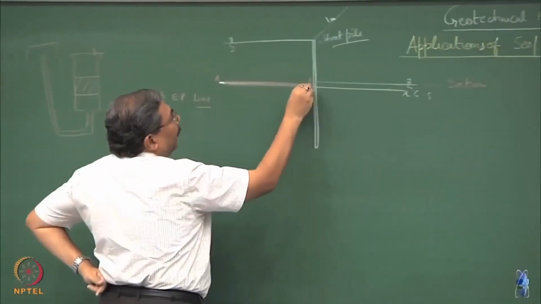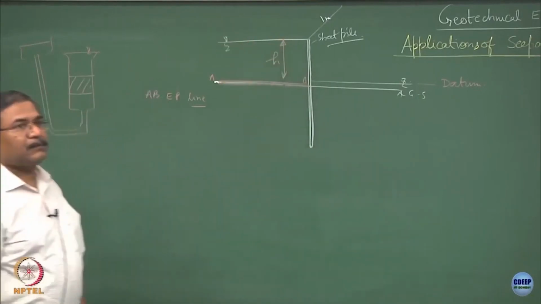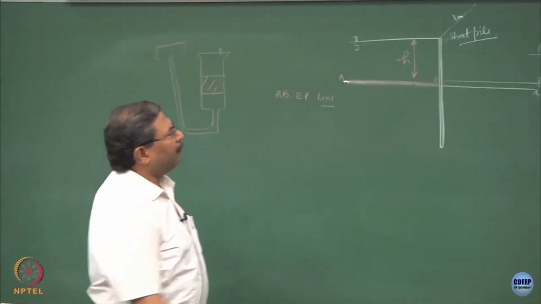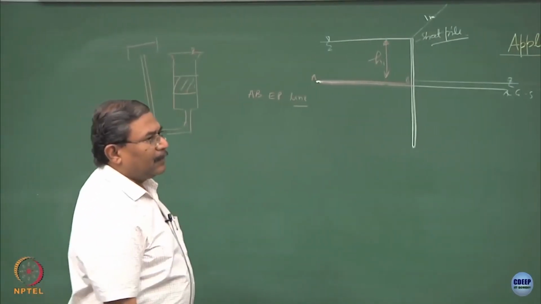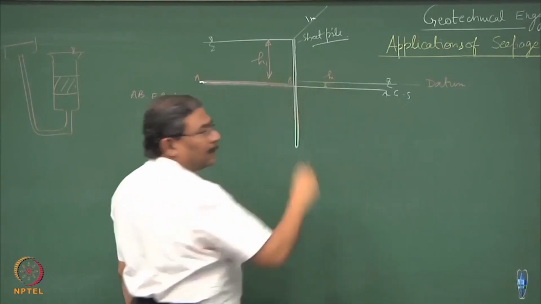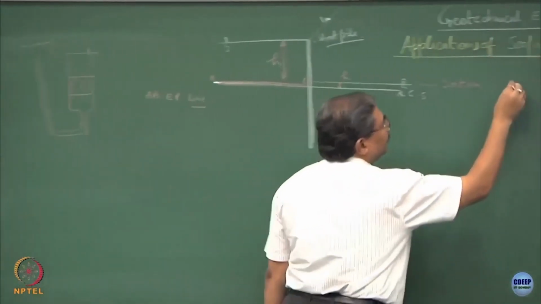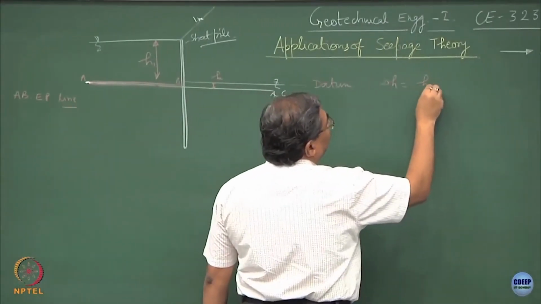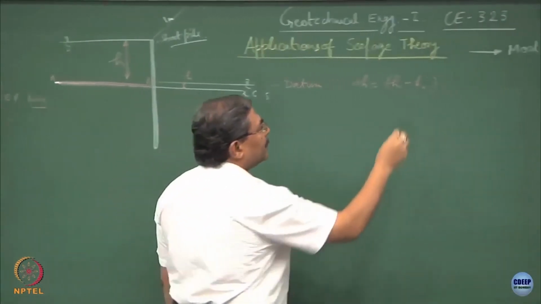So, at each and every point here, the total head is H. I will define this as H1, the height of water column. At the downstream side, this is H2. What causes flow to occur? Delta H. What is delta H? H1 minus H2, clear. This I am defining as H.